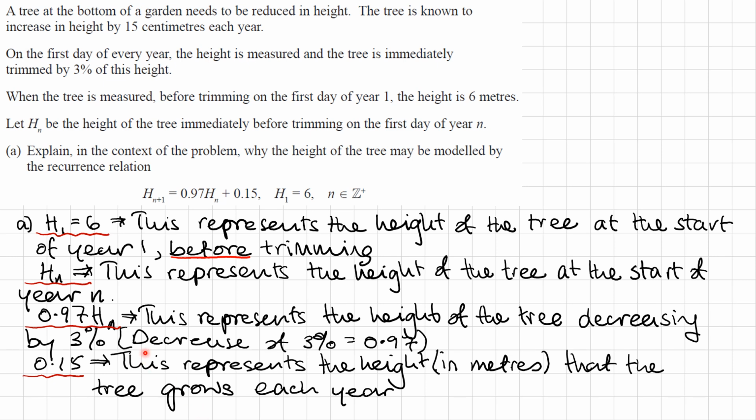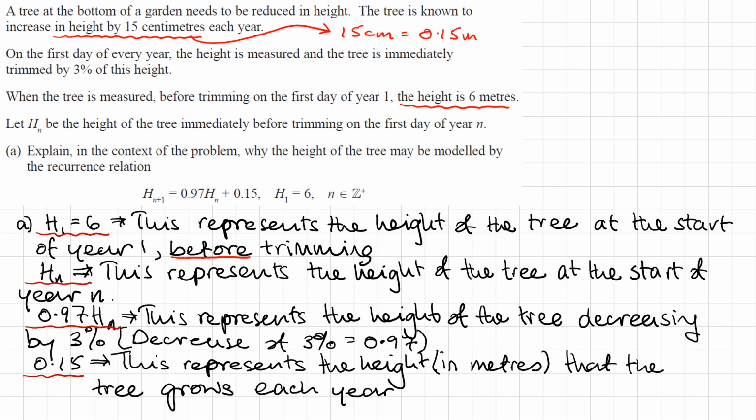This represents the height in meters that the tree grows each year. Remember, we're told that it increases in height by 15 centimeters, but the initial height is given in meters, so we need to change that 15 centimeters into meters, and that's why we've got 0.15.